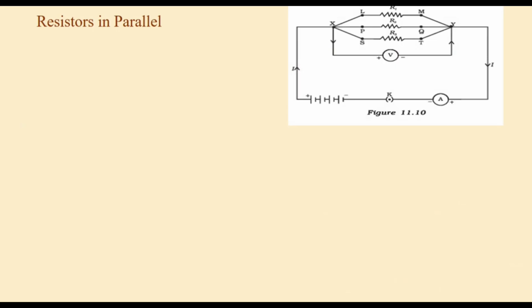In a parallel type resistor arrangement, the resistors R1, R2, R3 are connected one over the other. This type of arrangement is called parallel. The specification of a parallel resistor arrangement is that the voltage is the same but the current is different.